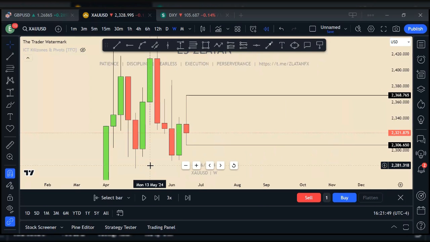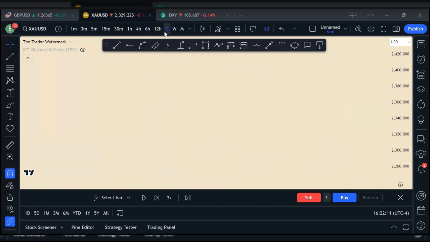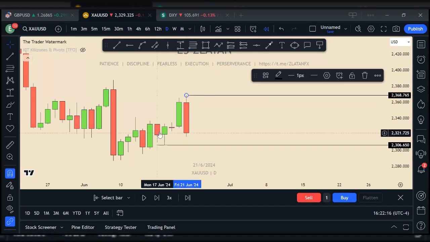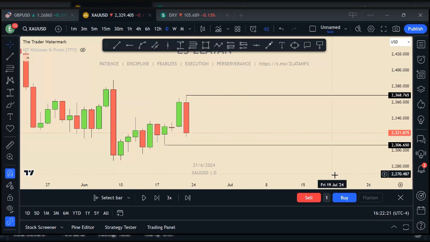It's going to give you nice setups when one of the sides is being swept, and it's going to help you understand what the week might do. Are we going to continue in that direction or are we going to reverse? With respect to the day it's been swept. Okay, so let me say I took this candle as my range, right? I am going down to the daily because the week is about to start, right? So this is that range. This is Friday, right?